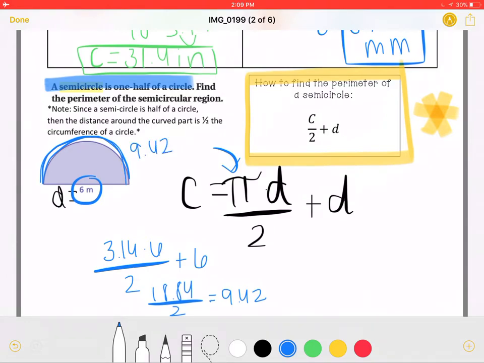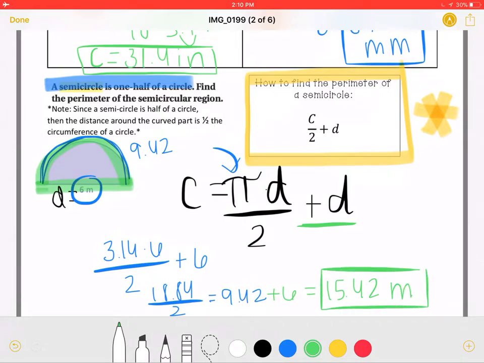That's that distance. So if we want the full perimeter, we're going to have that arched piece plus the diameter. That's why we're still adding that diameter back in. So now do 9.42 plus 6, and we get a total perimeter of 15.42 meters. Don't forget your units.